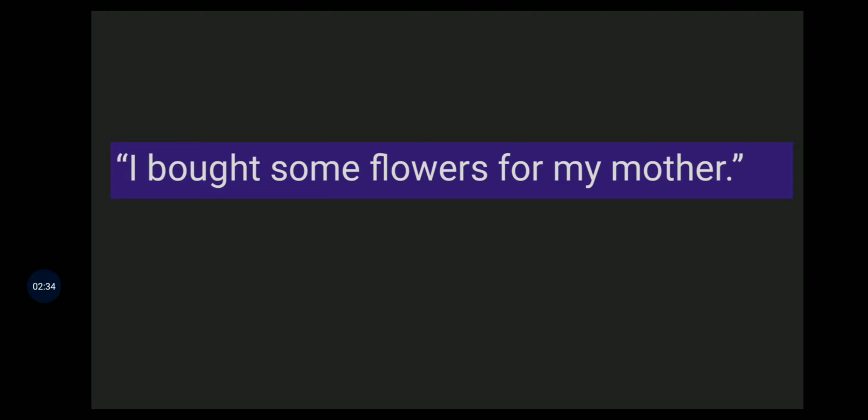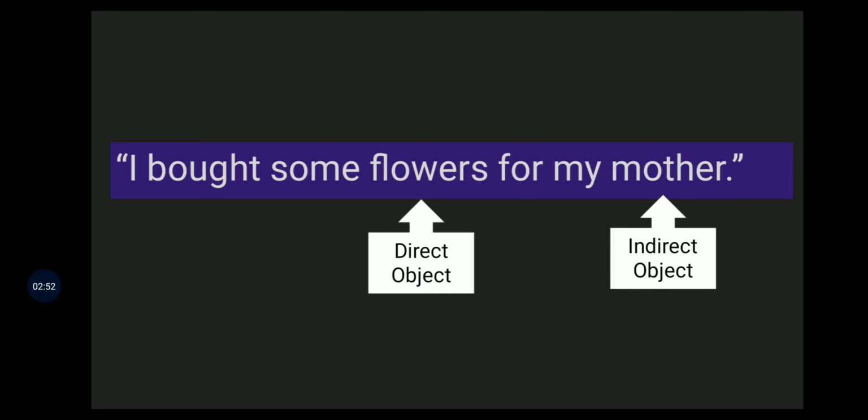We have flowers and mother. So in this case, since the subject I is performing the action directly on the object flowers, flowers is considered as the direct object. But because we have another object here, which is mother, we consider this as the indirect object. So this is how you can identify the direct and indirect objects in a sentence.